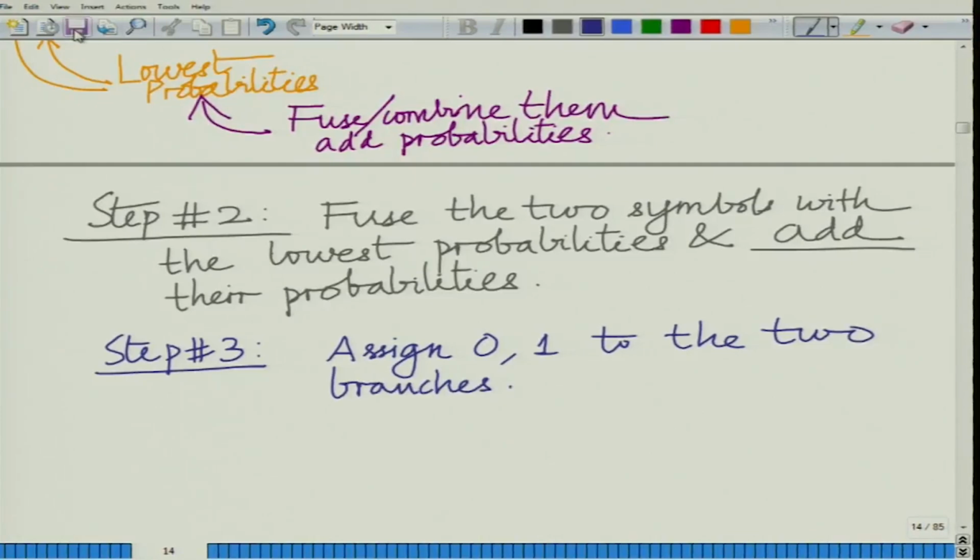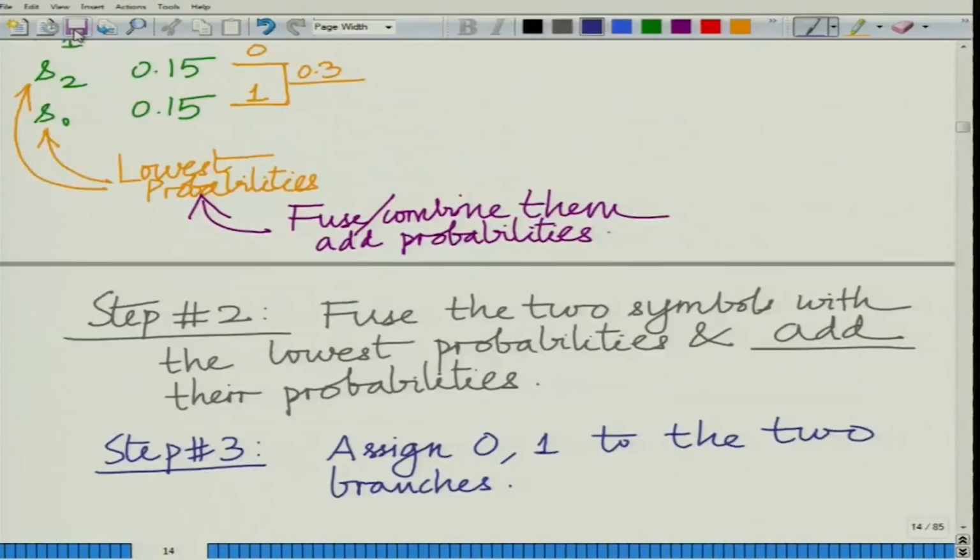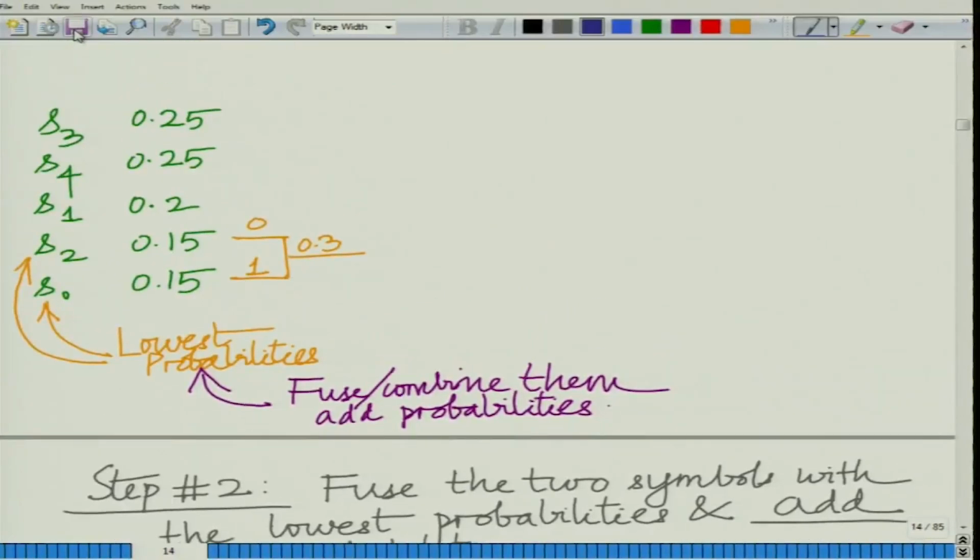So we assign 0 or 1 to the two branches, and now we have the original symbols S3, S4, S1, and this fused symbol which is S2 and S1.